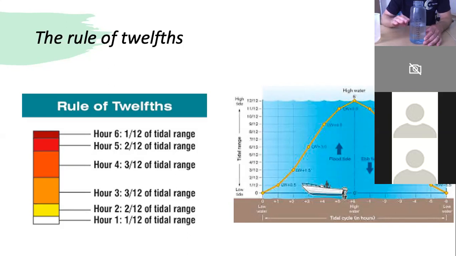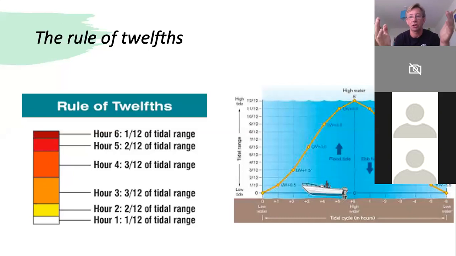So in the 5th hour, between 4 and 5 o'clock, it will come in 2/12. And then in the last hour of the incoming tide, at 5 o'clock, it will only come in 1/12. And it is now high tide.